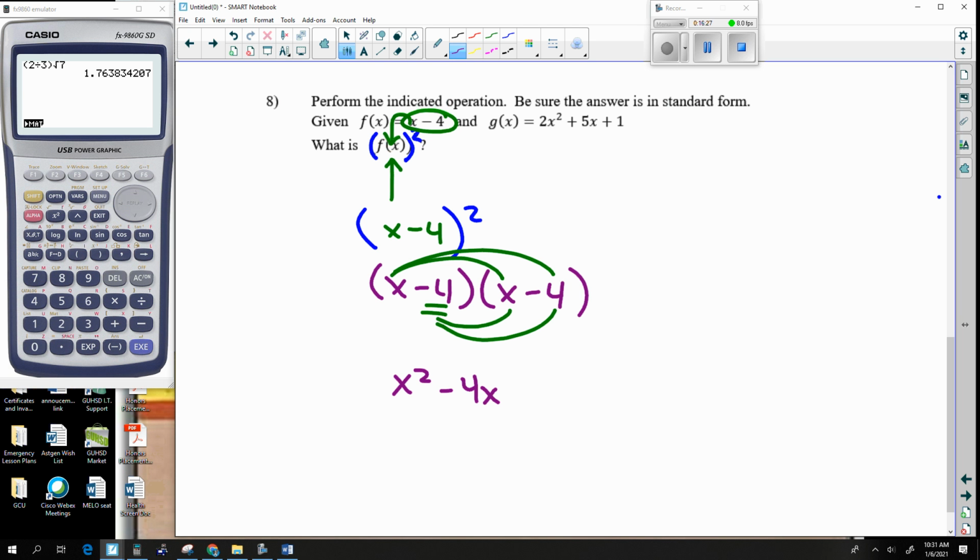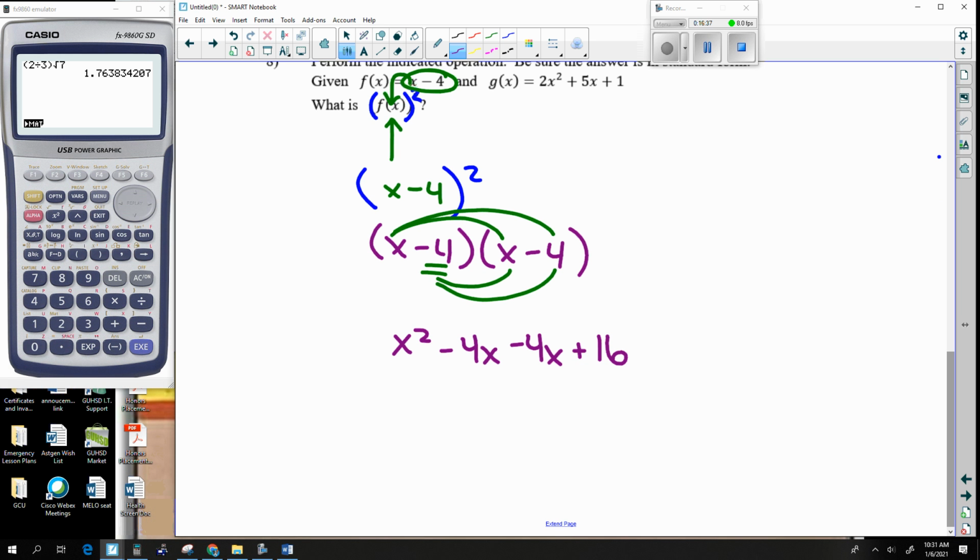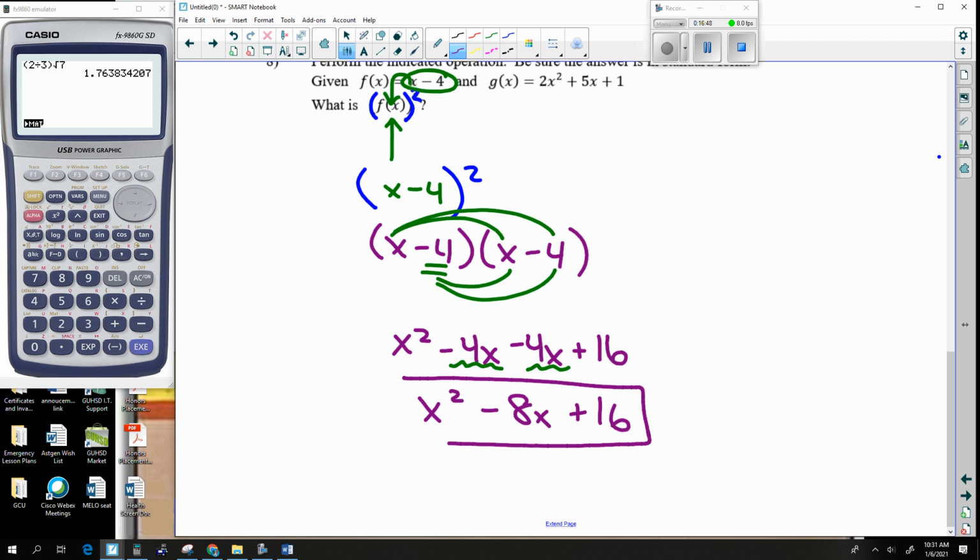So that'd be negative 4 times x and negative 4 times negative 4, which is a positive 16. And then all we have to do is put the like terms together. So this is going to be x squared minus 8x plus 16. That's just sheer addition and subtraction stuff right there.